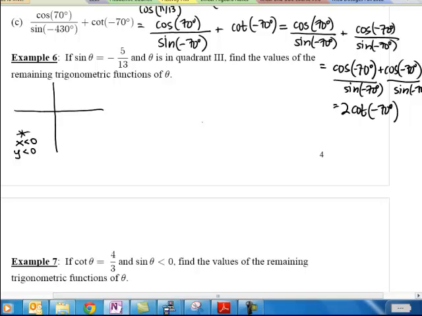We usually want to use one of the Pythagorean identities to get started if we only have one trig function. So here we'll use the one that involves sine theta. So we'll have negative 5/13 squared plus cosine of theta squared is 1. This would be 25 over 169.